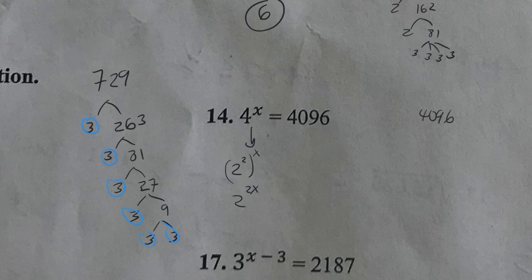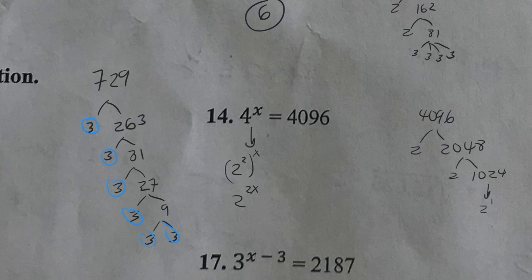4096, let's see, prime factorization tree. We have 2, 2, 0, 4, 8. That's 2 times this. And I believe we tackled that on the previous slide. If we were to break up 1024, that would be 2 to the 10th power.